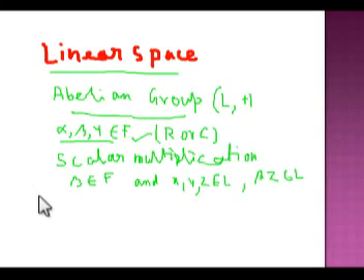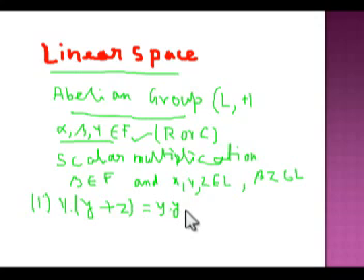It has to satisfy some more properties to be a linear space or vector space. First, gamma times (y plus z) equals gamma y plus gamma z.